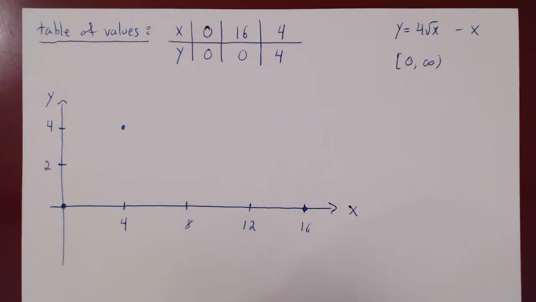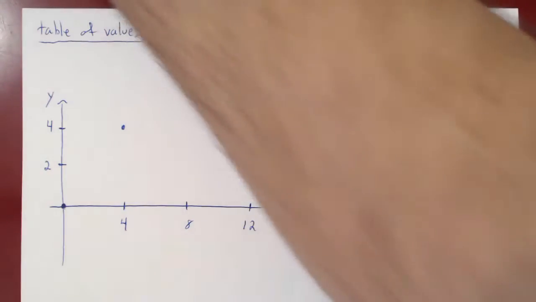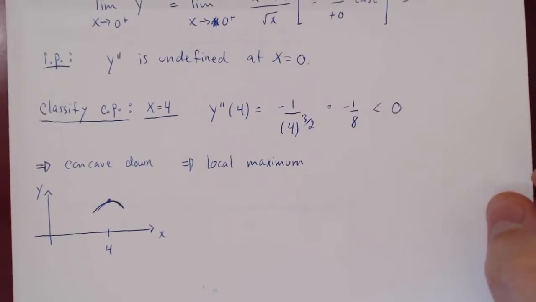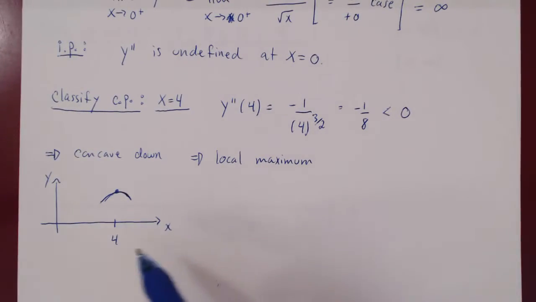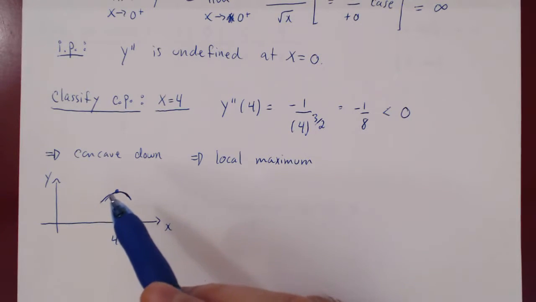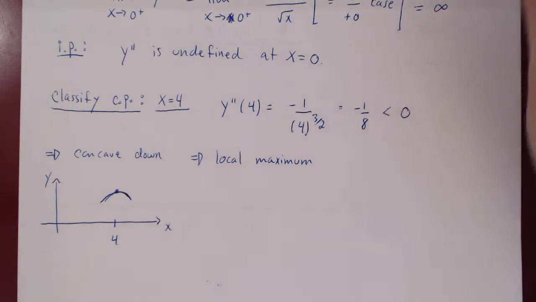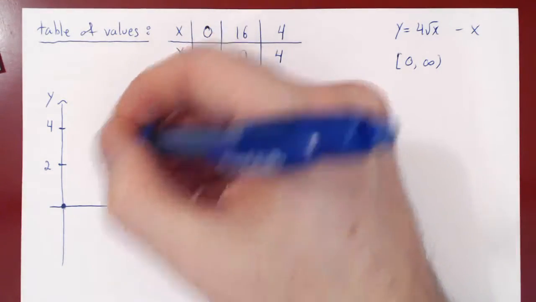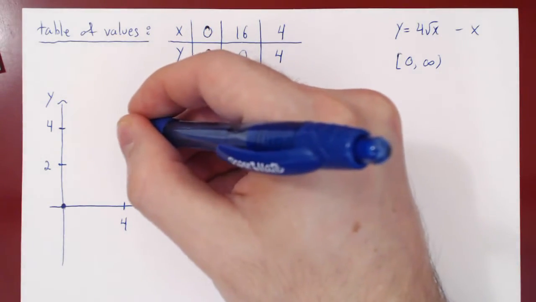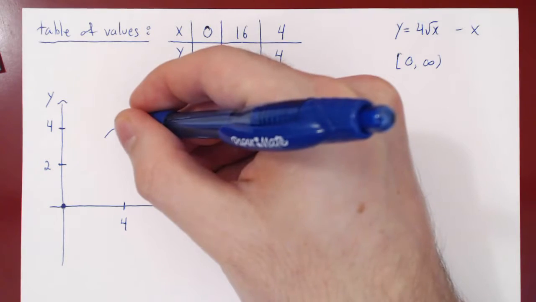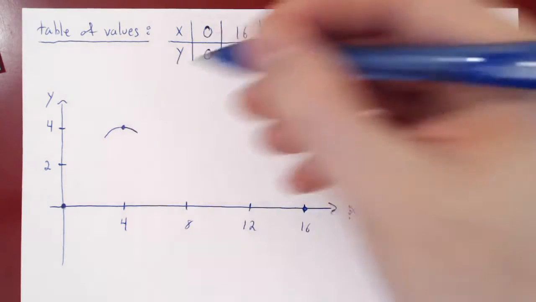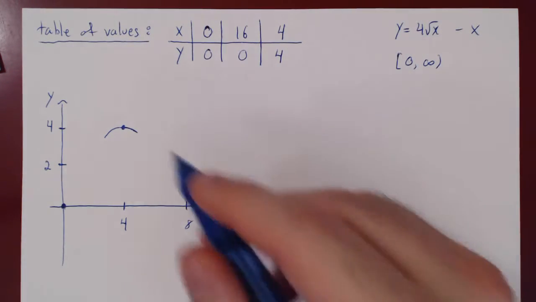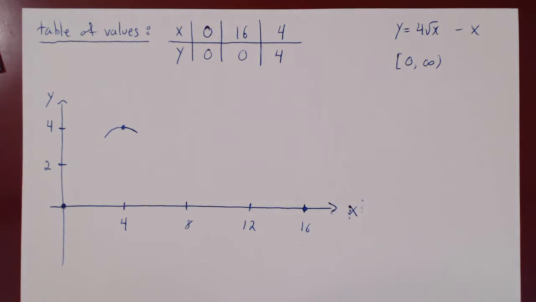If you remember, the point 4, 4 was a critical point, and we had found that at x equals 4, the curve gave us a local maximum. So let's just copy this part onto the point x equals 4, y equals 4.